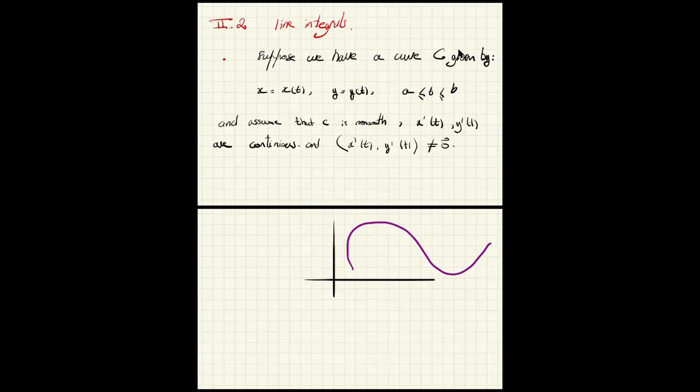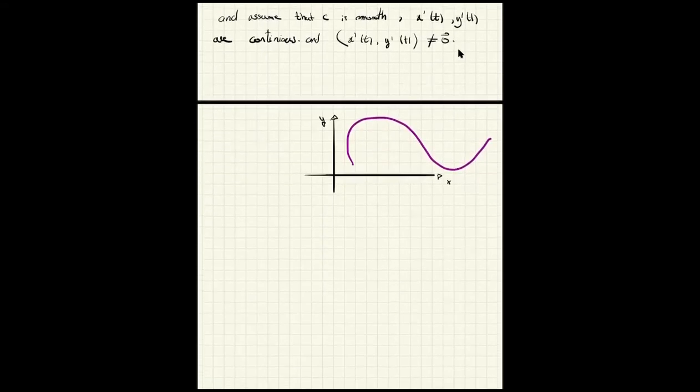Okay, so this is x and this is y. And we have the timeline, which goes from a to b, and which gives you, at each time t, where your particle or car is.